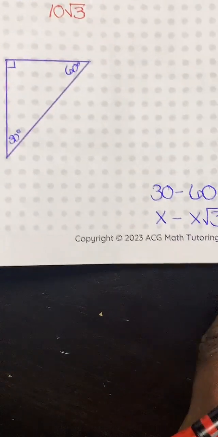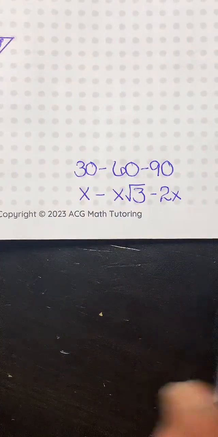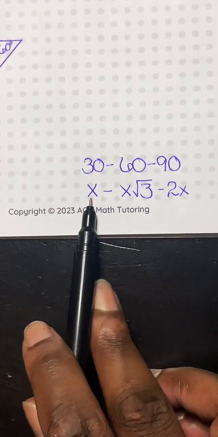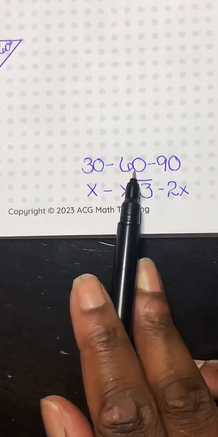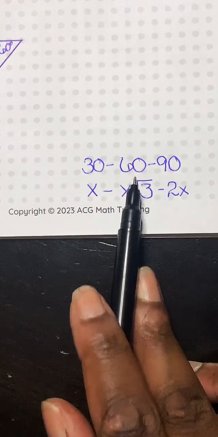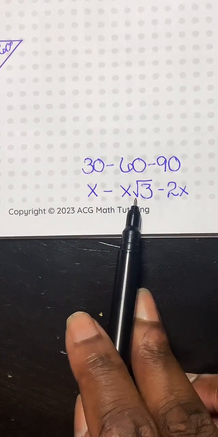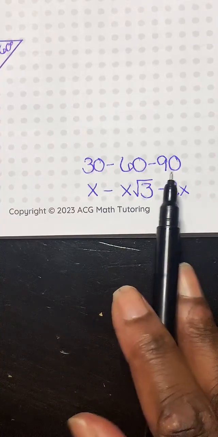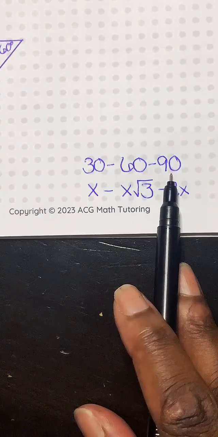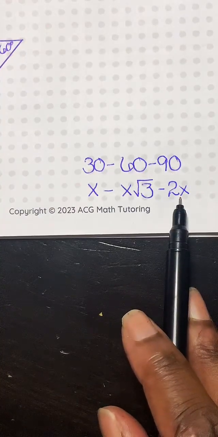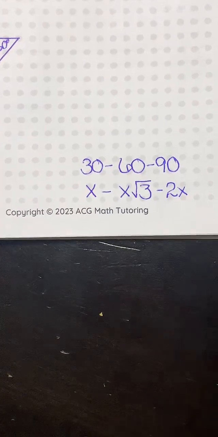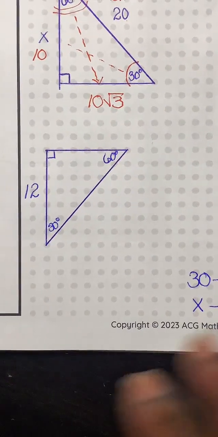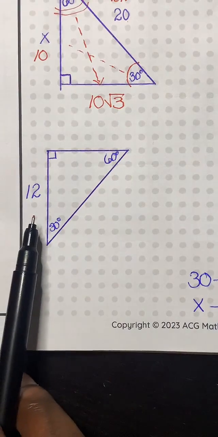So, as I mentioned, the side that's opposite the 30-degree angle is our smallest side. The side that's opposite the 60-degree angle is your smallest side, x, times the square root of 3. The hypotenuse is always twice the smallest side. What's missing here is we don't know the smallest side.